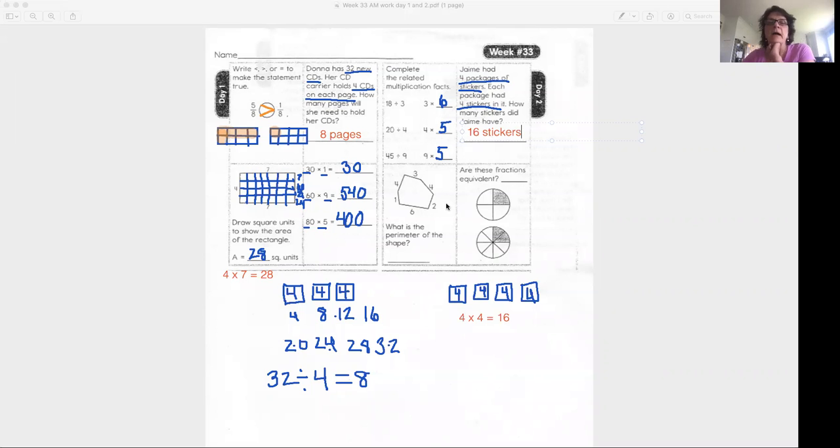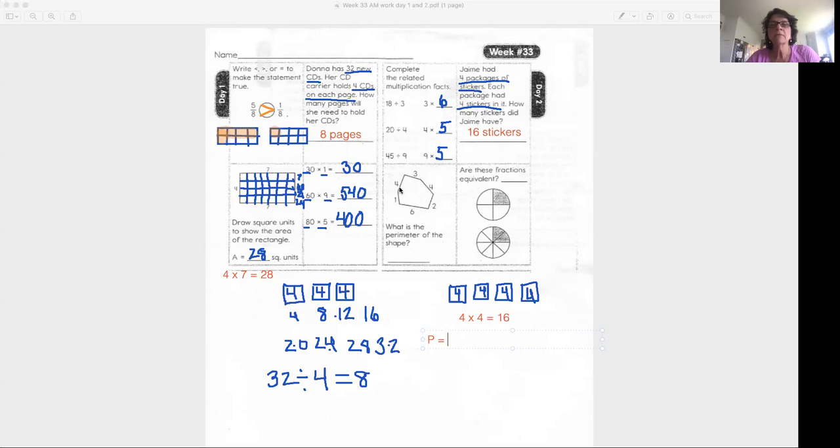All right, our last 2. What is the perimeter of the shape? Well, let's see, we have 1, 2, 3, 4, 5, 6 sides. So I would write an equation down here. Remember, P equals, and they didn't give me a unit here, so at the end I'll just put units.